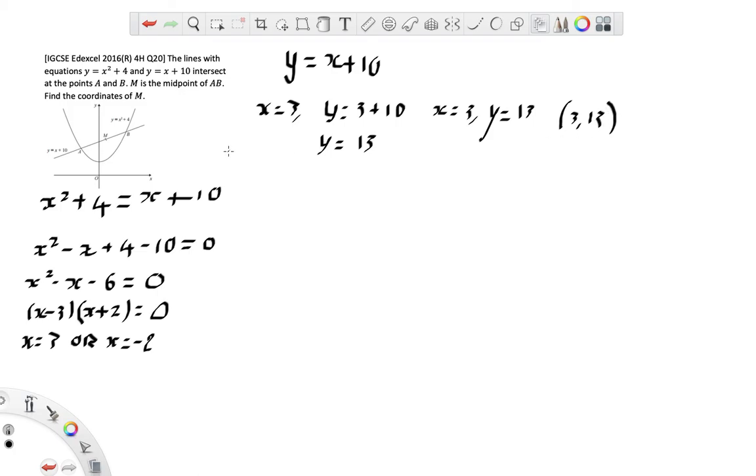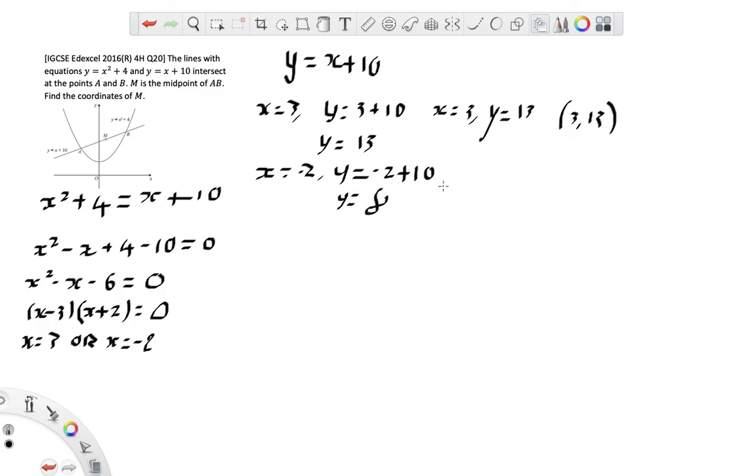Okay, what about when x is equal to negative 2? Well, when x is equal to negative 2, we have that y is equal to minus 2 plus 10. Minus 2 plus 10, well, that's equal to 8. So y is equal to 8 there.